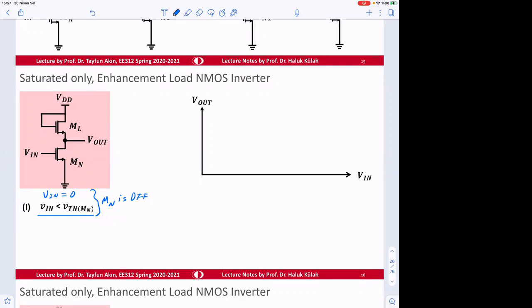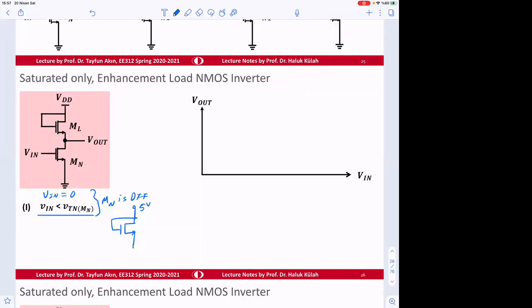So if Mn becomes off, what will happen? I'll do something here just to make sure you feel comfortable about the result. If this is 5 volt, and this is your other transistor, what is going to be this output?